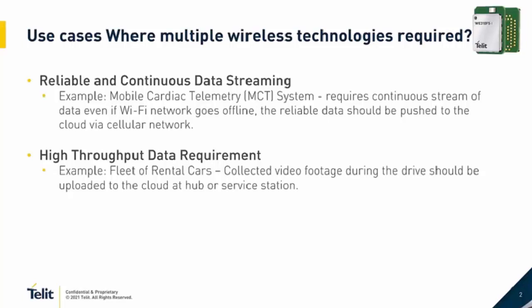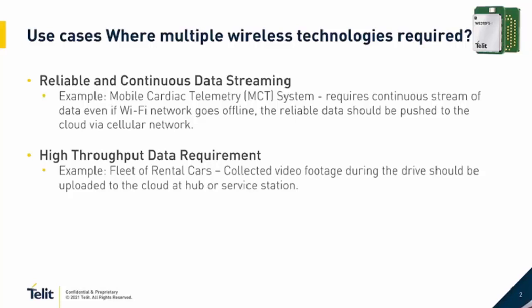If you use a cellular technology to upload the data, your cost will be more. Rather, you can use another wireless technology when the car moves to a hub or a service station. Maybe you can use Wi-Fi there, and then upload all this streamed data to the cloud.